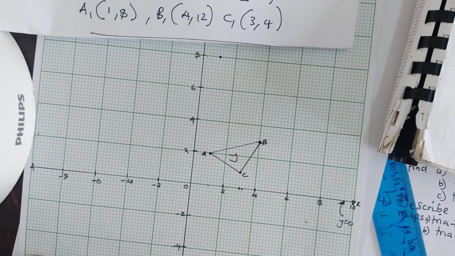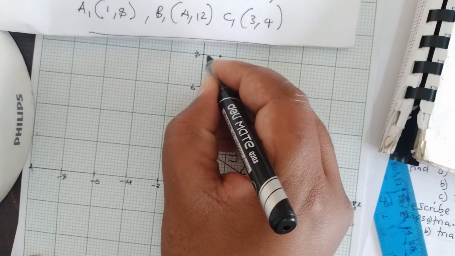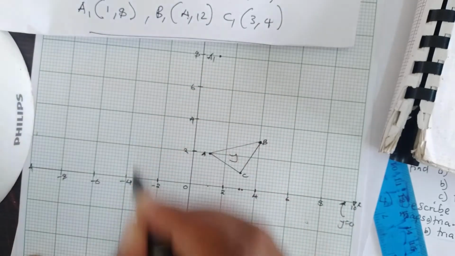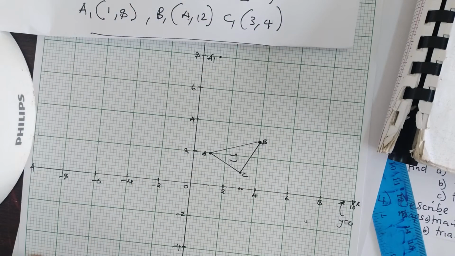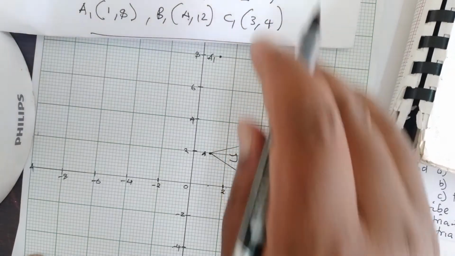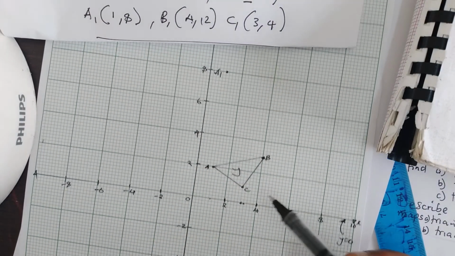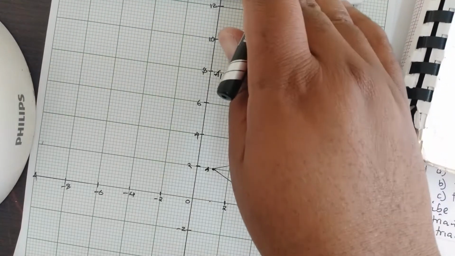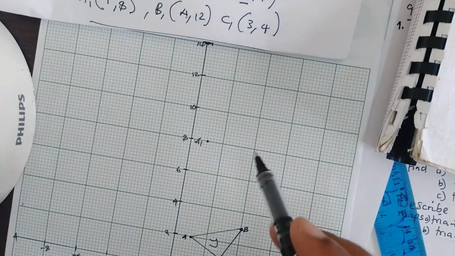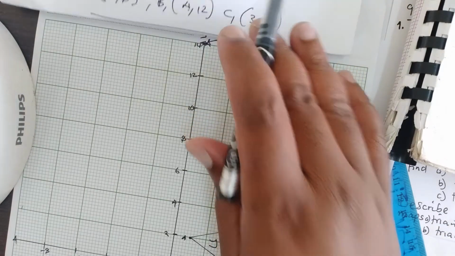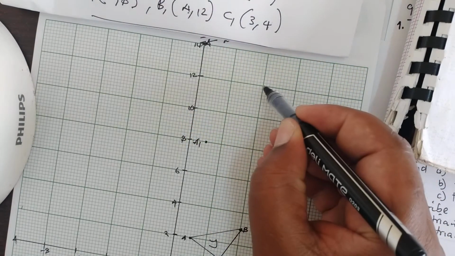Then, so here we can say A1 or A image. This is A1. B1 is 4, 12. X is 4, y is 12 here.